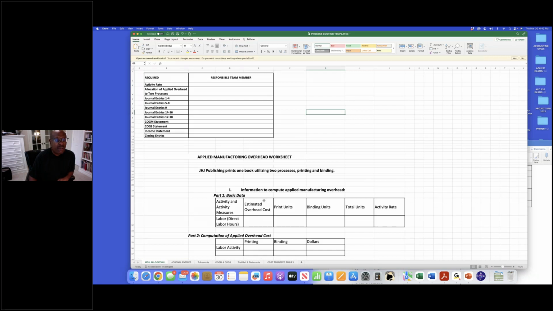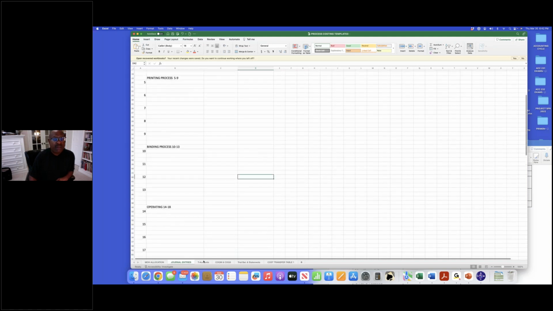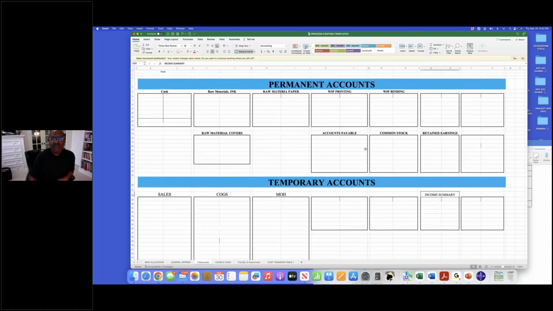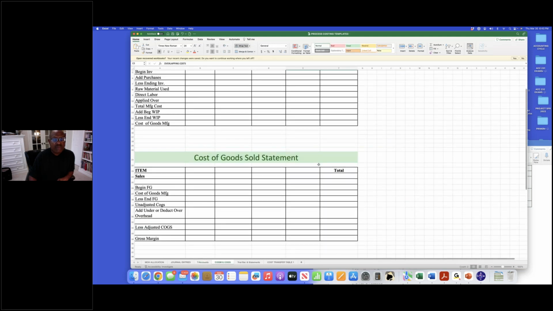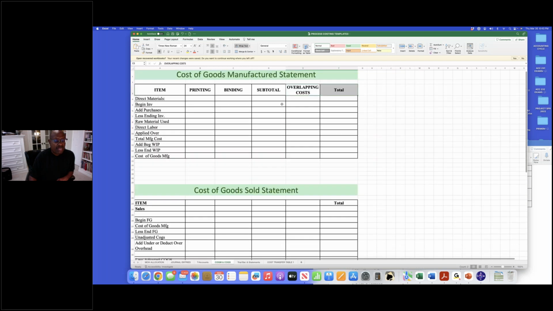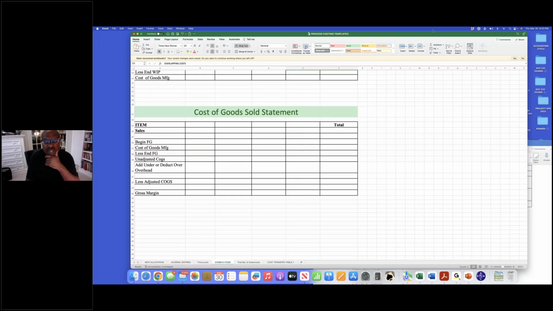You should be able to make your journal entries, put them in your T accounts, just change the names to work in process 1 and work in process 2. And then all you got to have is your cost of goods manufactured statement and your cost of goods sold statement, and you're done. So you do have this template. Work with this to work that problem. Are there any questions?